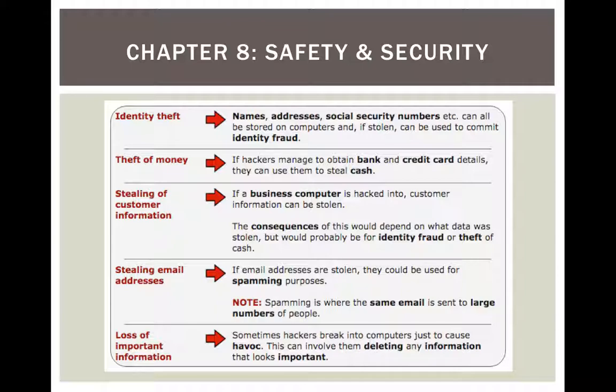Now, we talked about health in the impacts of ICT. We talked about repetitive strain injury and back and neck strain and eye strain. Those are health. Safety, okay, and security. Safety is the possible risk of injury due to an accident caused by computers.